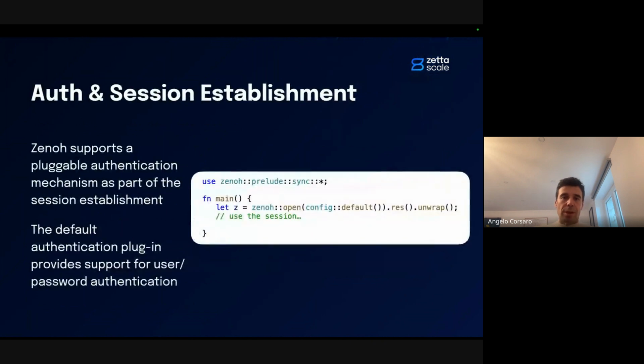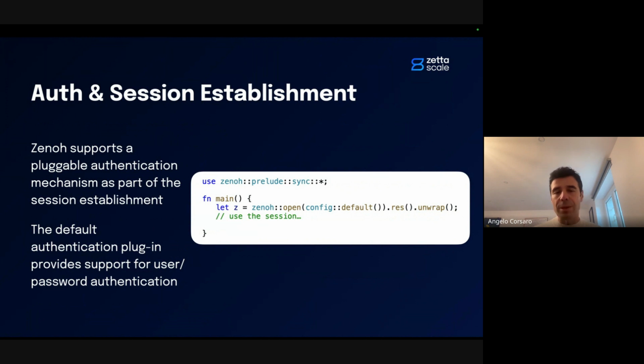Okay, let's move to Zenoh security now. Let's start with authentication. We saw that in Zenoh, the first thing you have to do is to open a session. When you open a session, quite a few things happen in Zenoh. One of the things that happens is authentication, if you have enabled it. As part of Zenoh session establishment, we have an authentication plugin.